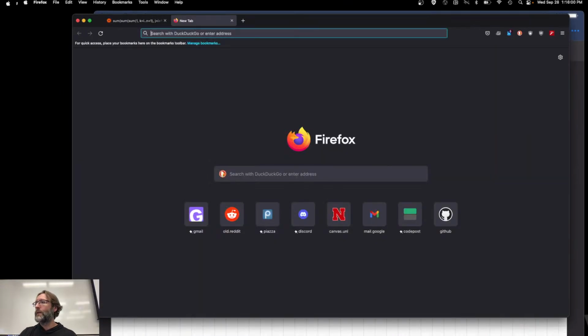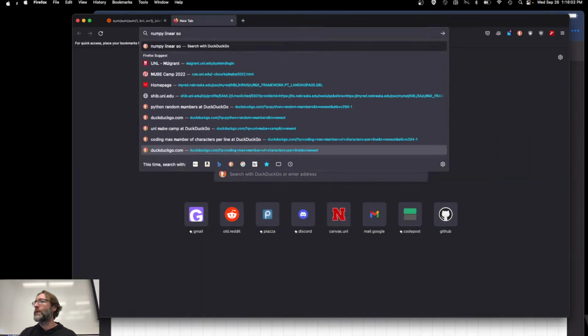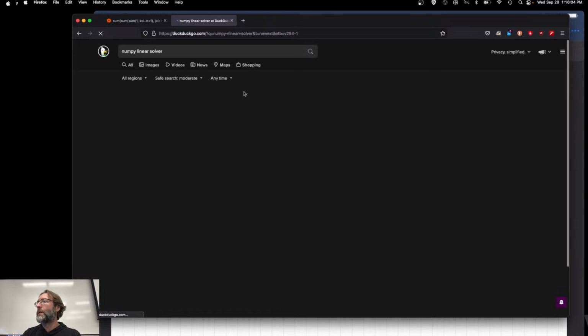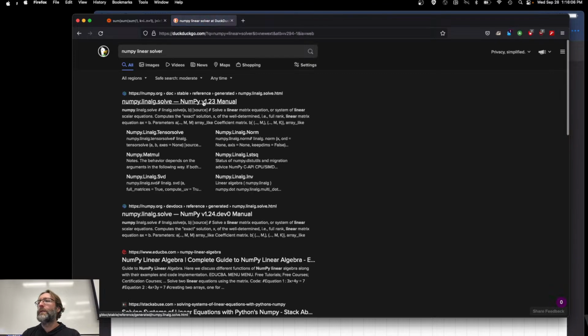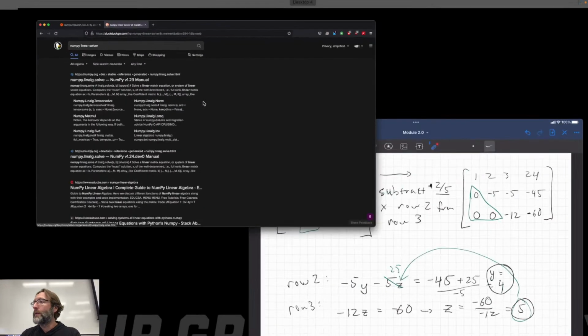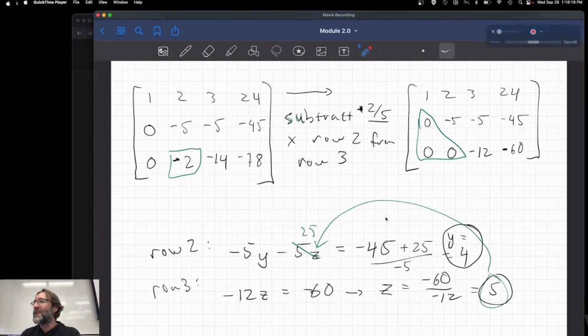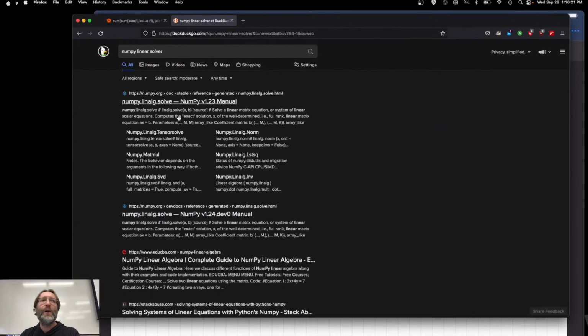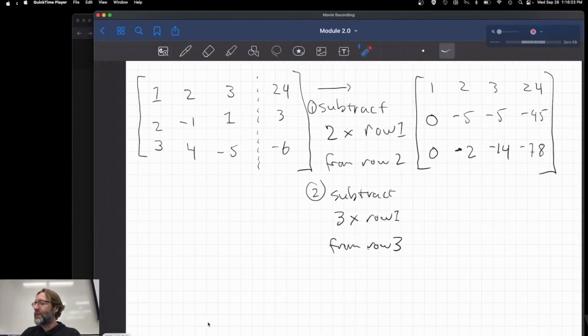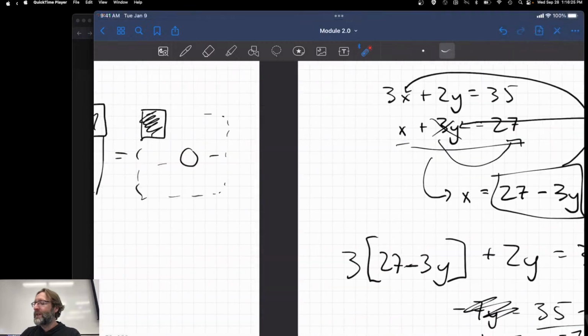Does it? NumPy linear solver. Yep. Linear algebra dot solve. Right. You can go ahead and do that. You can use NumPy to represent your matrices if you want to. That's up to you. But what you can't do is just use dot solve and be done with it. Right. That's cheating.